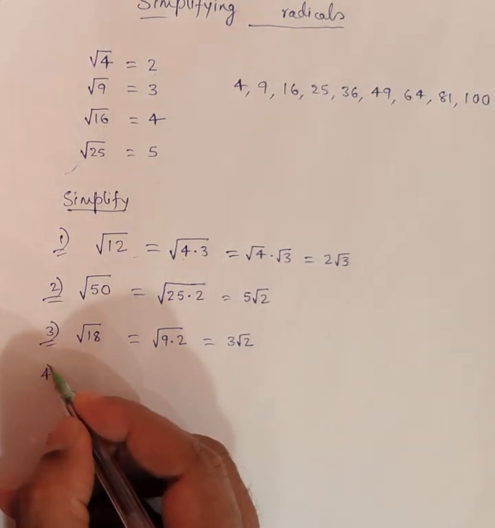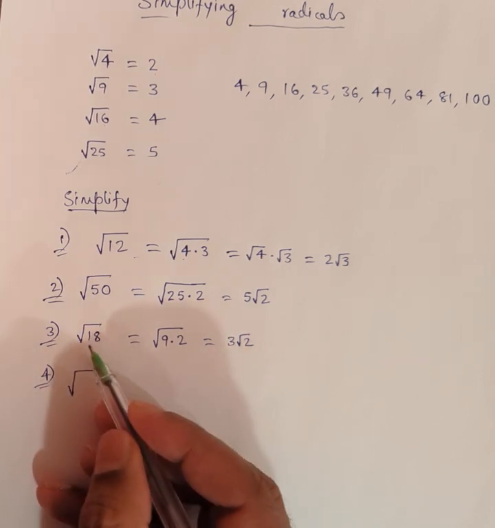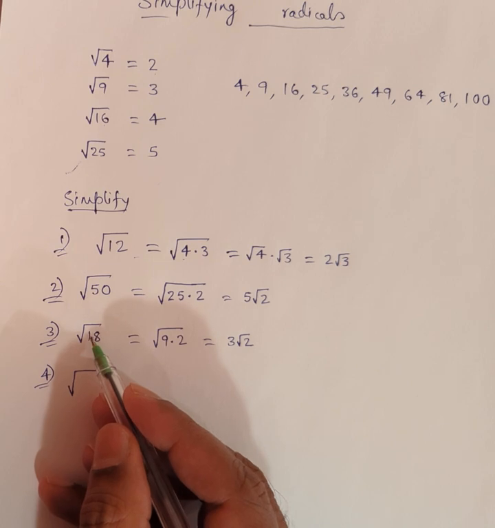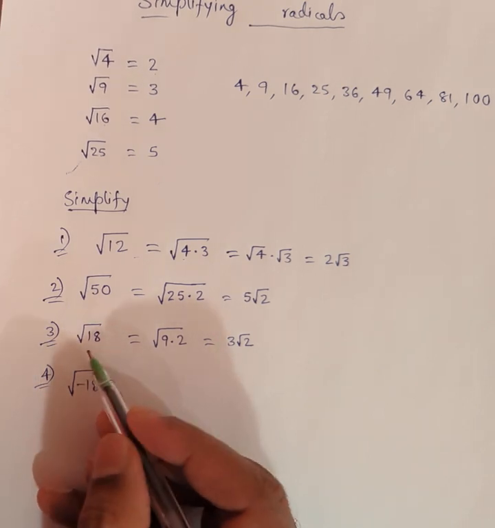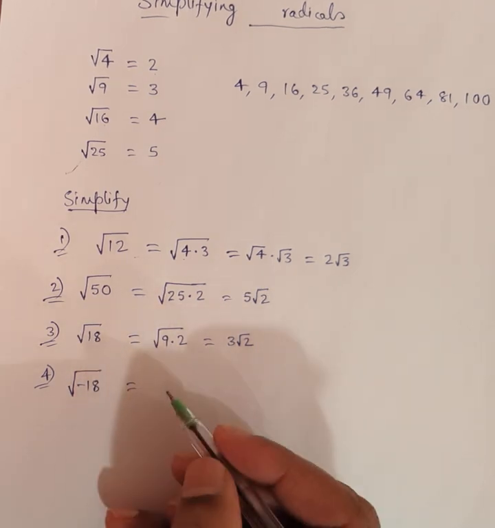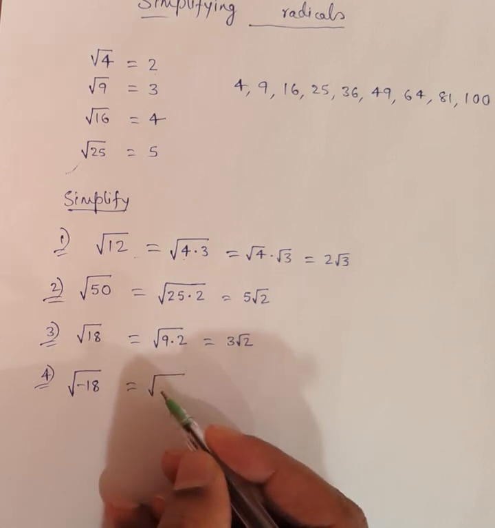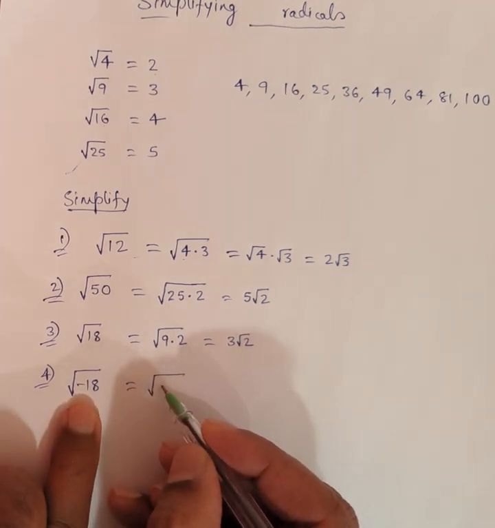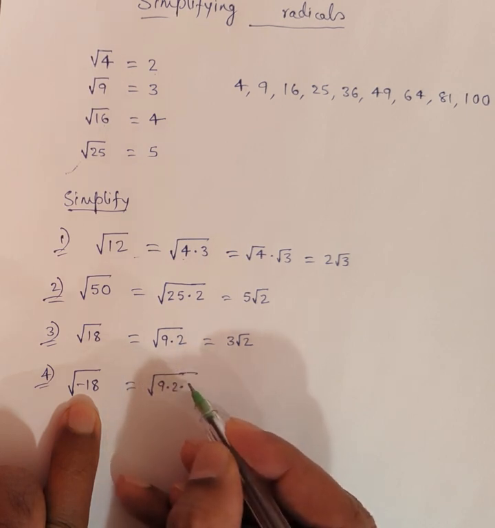Now, sometimes we may encounter negative numbers. So let's actually do this problem where I'm going to have negative 18. It looks very much like number 3. But now what I want to think is, I want to think of negative 18 as 9 times 2 times negative 1.